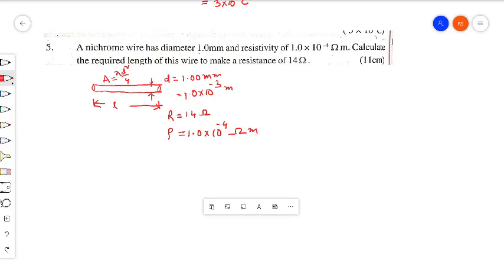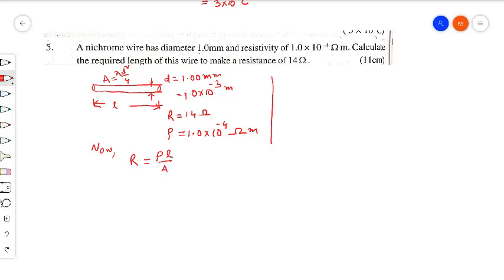This is the resistivity of the wire. Now we know that resistance is rho L divided by A.